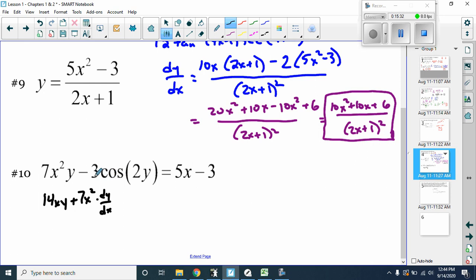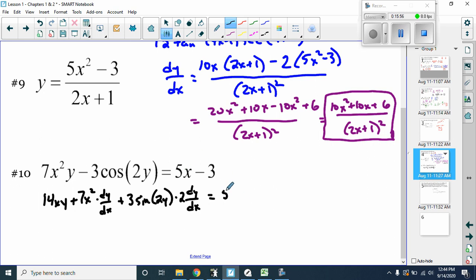To get the derivative of -3 cosine 2y, we've got cosine 2y. Derivative of cosine is negative sine, so that's going to change that to a plus sine 2y times the derivative of 2y. Derivative of 2y is 2 dy/dx.